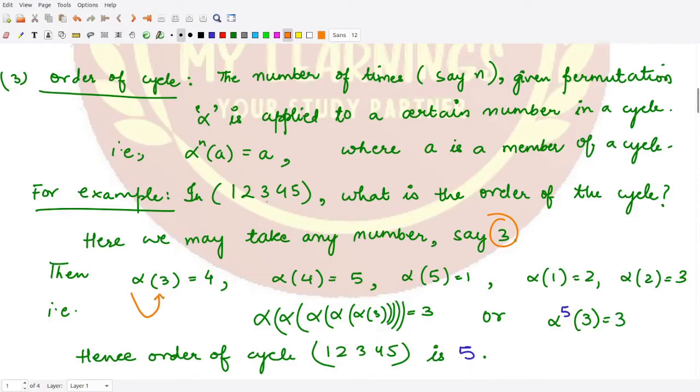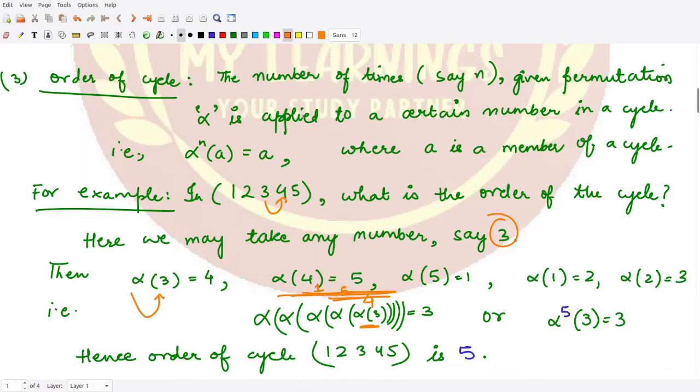When you apply alpha onto 3, the next element you get is 4. Alpha of 4 is 5. Alpha of 5 is 1. Alpha of 1 is 2.